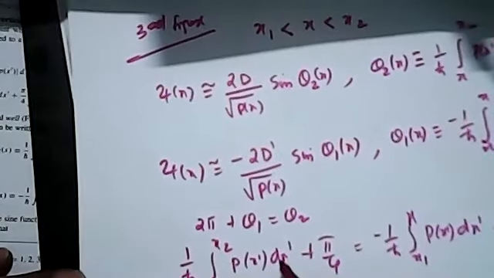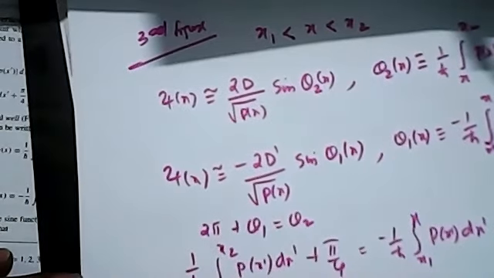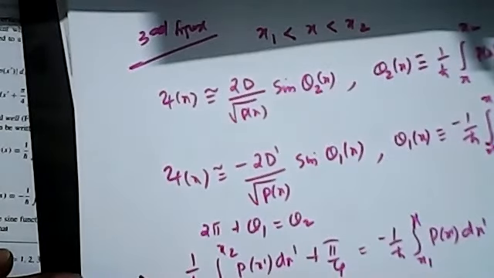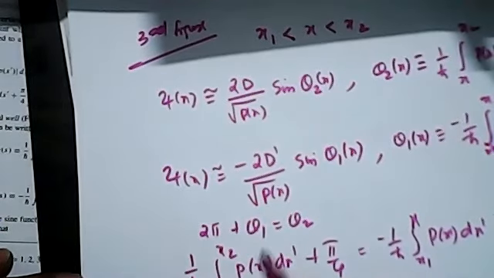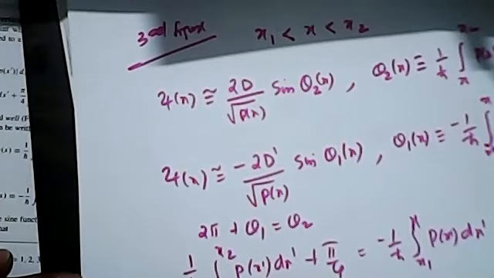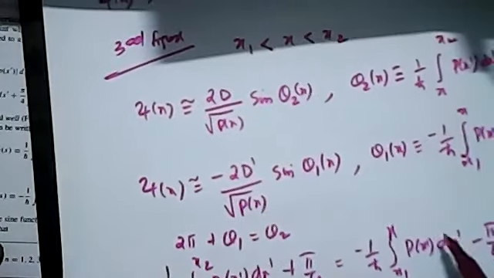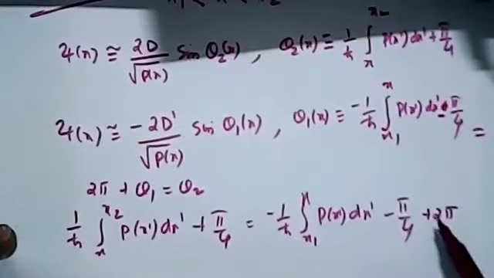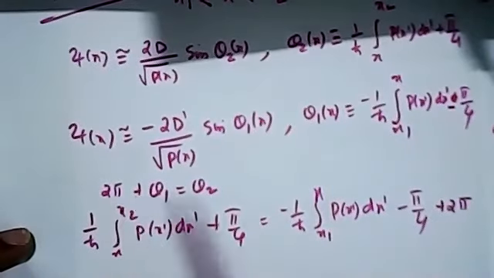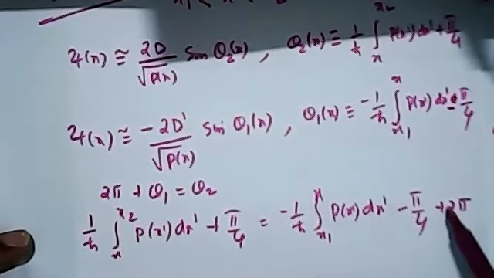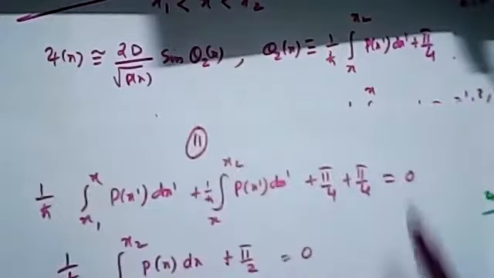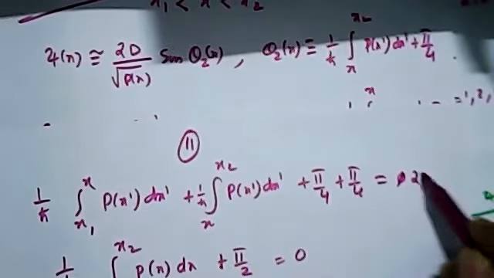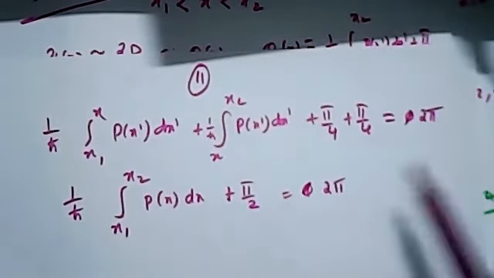So here you have to write 2 pi on one side. So this side becomes not 0 but 2 pi.